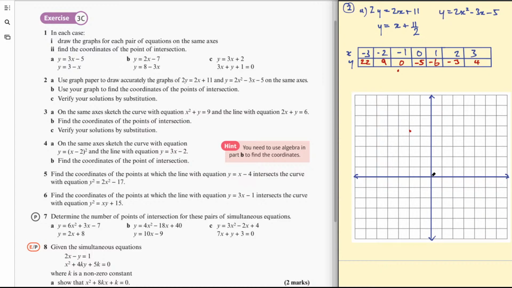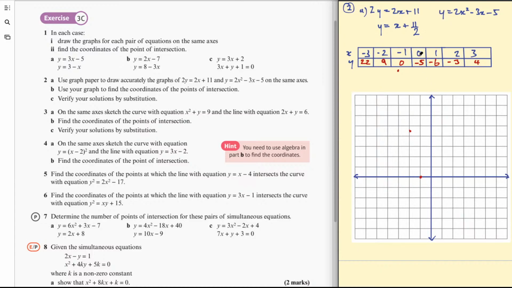Negative 1, 0. 0, negative 5. 1, 2, 3, 4, 5. Oops. This should be here. Oh, whoops. I also changed the scale on the y-axis, didn't I?